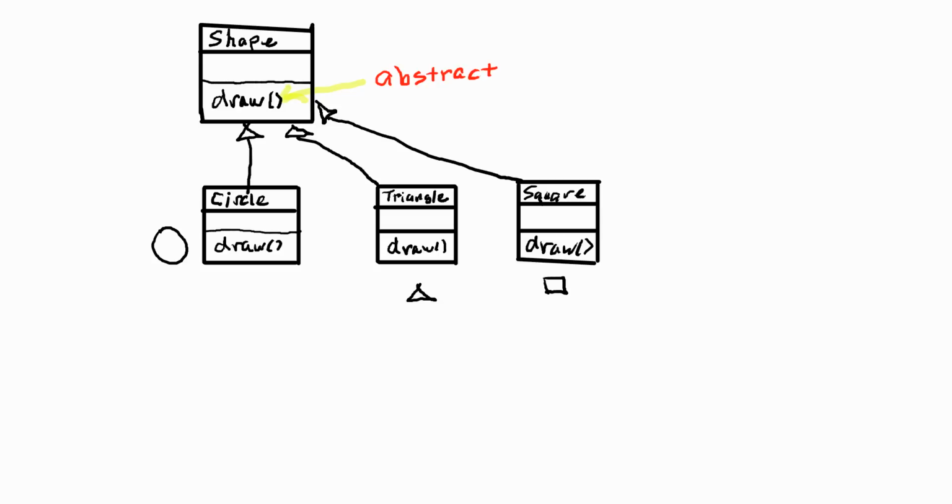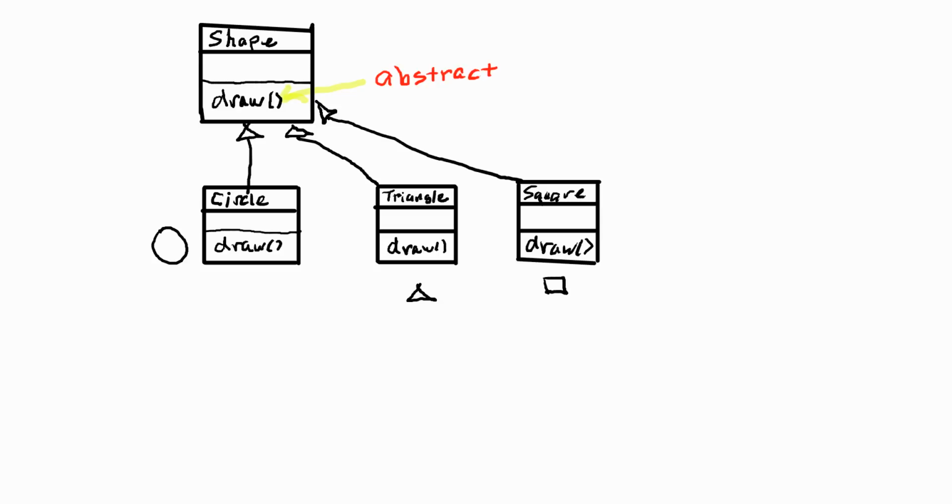Now, let's say you were building a drawing program that did something like this. And you would say, oh, I want a new circle. So you lay down a circle. Oh, I want a triangle. You lay one down. Oh, I want a square. You put one down. Does anybody say, I want a new shape? No. And you try and draw it?